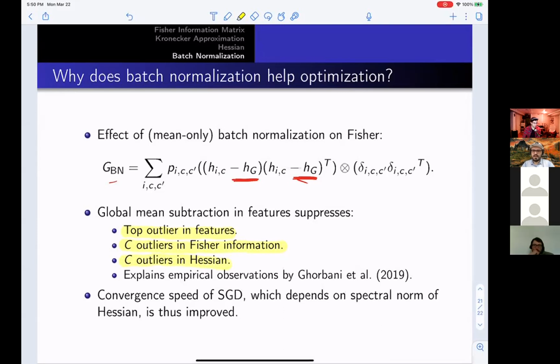If you have a classification problem, you shift all your features by a global mean, it doesn't actually do anything if you think about it. The class mean information is still present everywhere. It's just that the class means don't have a global mean, so they're going to be closer to the bulk.